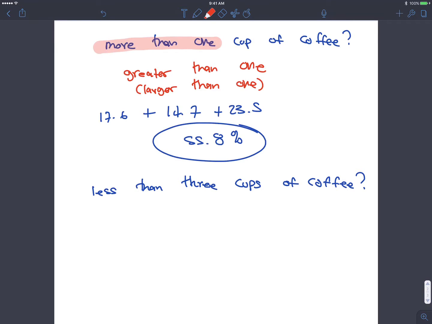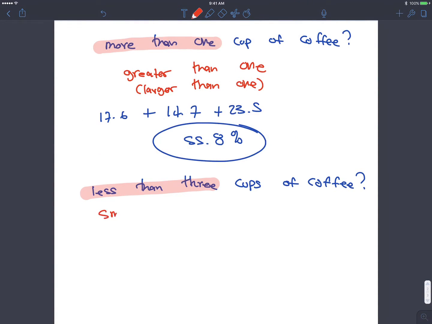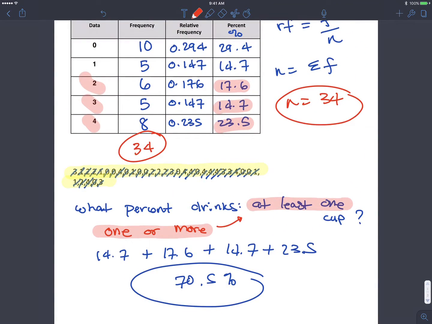Again, the key is to understand the meaning of the phrase less than 3. Less than 3 means strictly smaller than 3. So I have to look at the data and consider which data values are strictly smaller than 3.